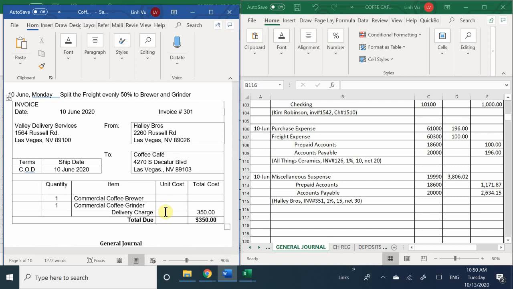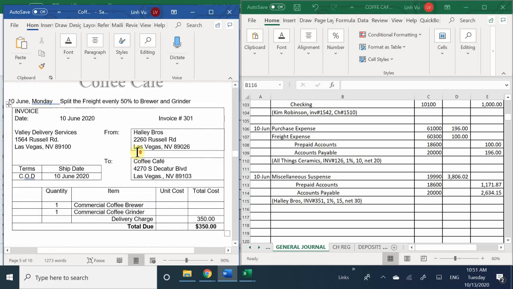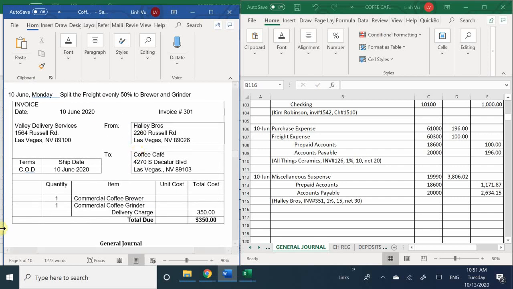This isn't from Haley, but this is a separate shipping company. Correct. Valley Delivery Services. Correct. So that means Haley Bros had a third party contractor to ship these items out to you. Okay. And here terms are COD. So we actually had to write a check out in order to receive the items from this Valley Delivery Services because it's COD.